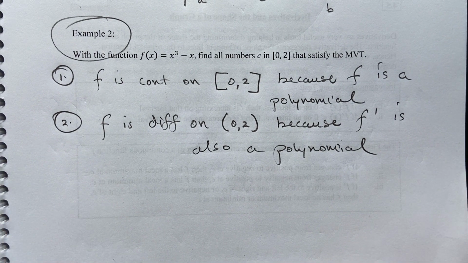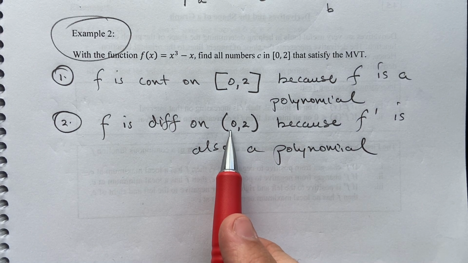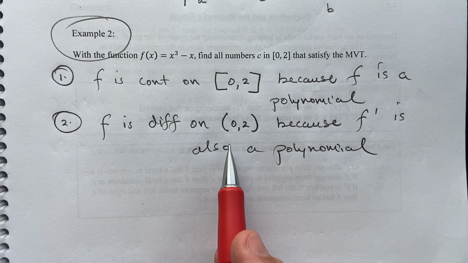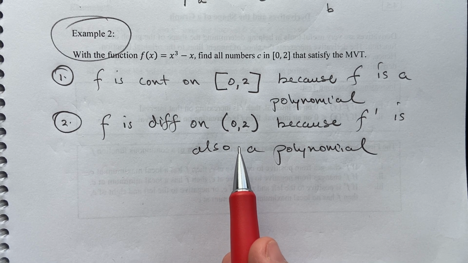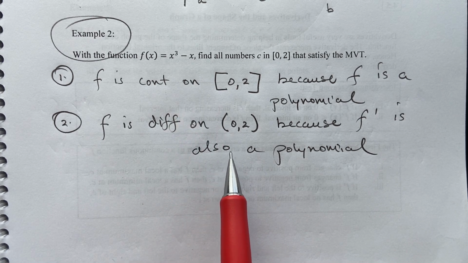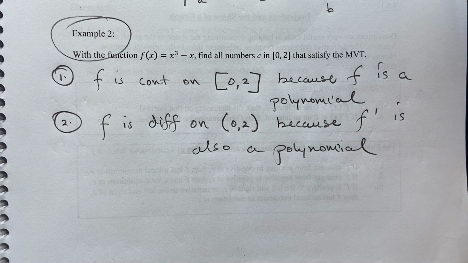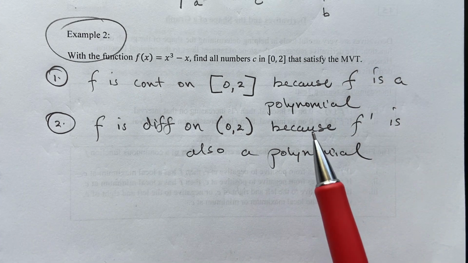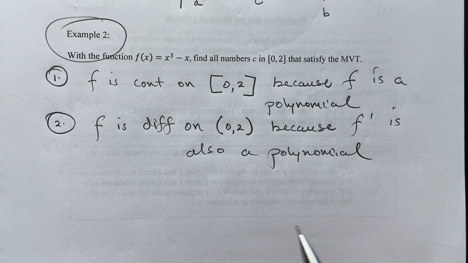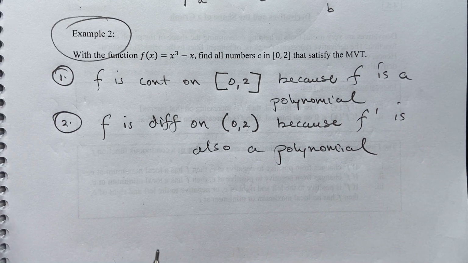So what the theorem says is that then there would be a number c inside of 0 to 2 such that the instantaneous rate of change of the function exactly at c is equivalent to the average rate of change of the function from the interval 0 to 2. Okay, so let's set this up.